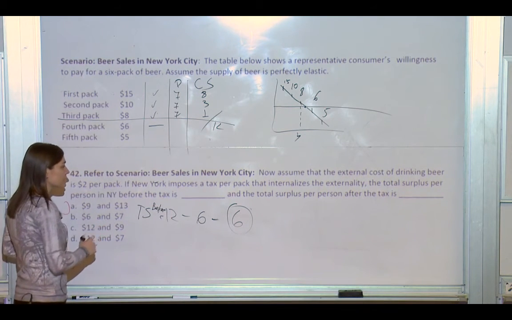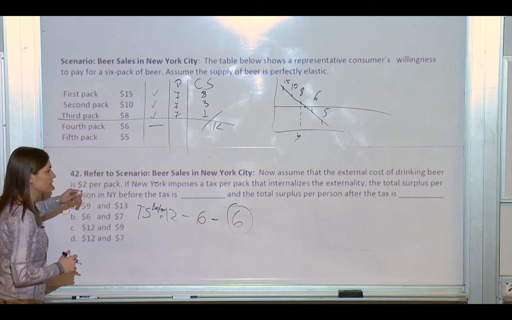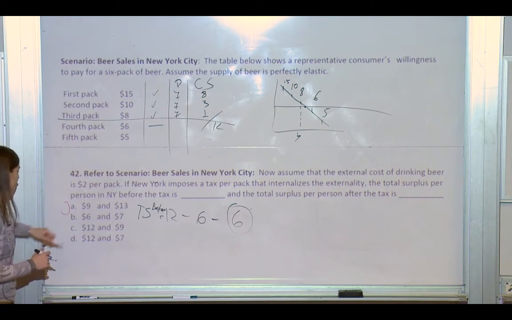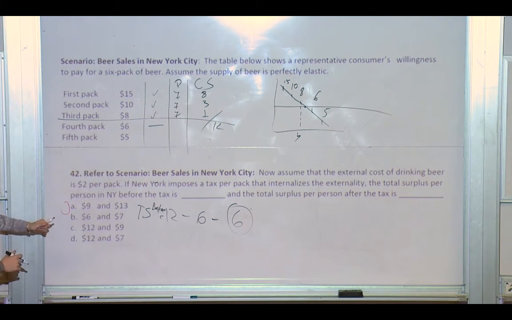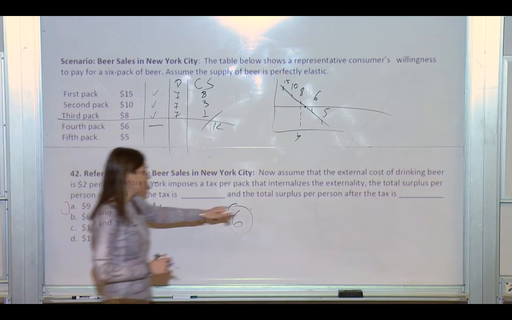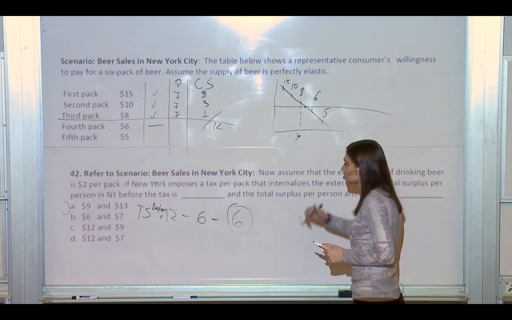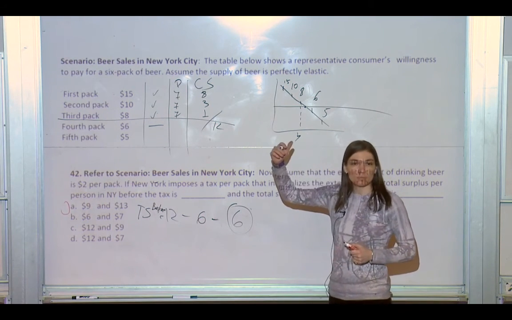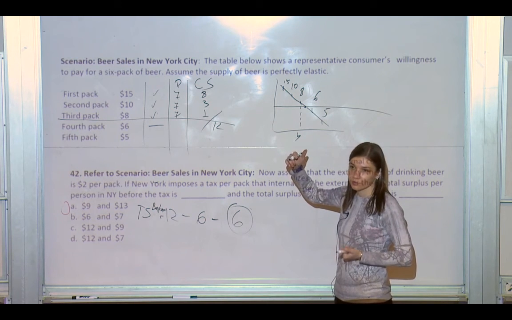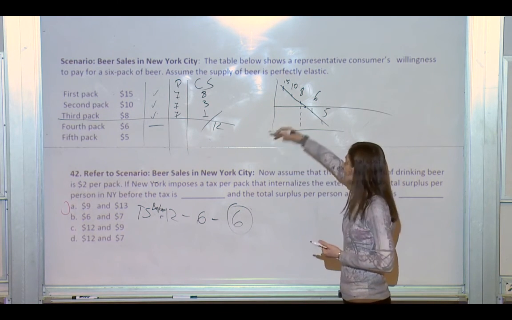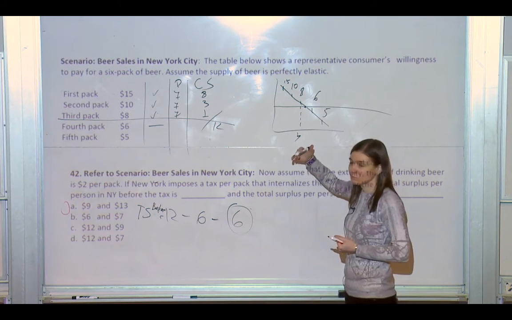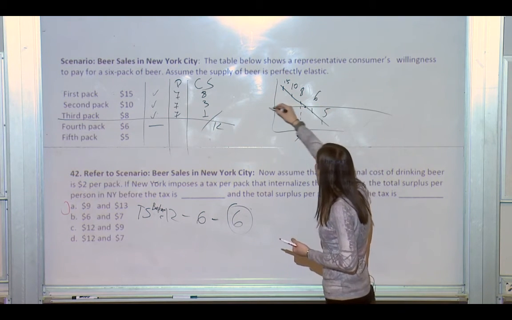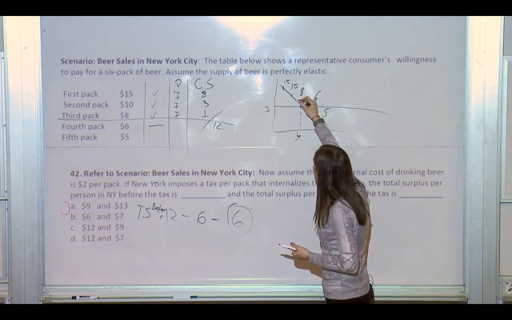Now after the tax, what happens is, the tax is going to shift the supply curve by 2. Right? That's what it does. But the supply curve is horizontal. So instead of being at 7 here, now it's going to be at 9, which is over there.